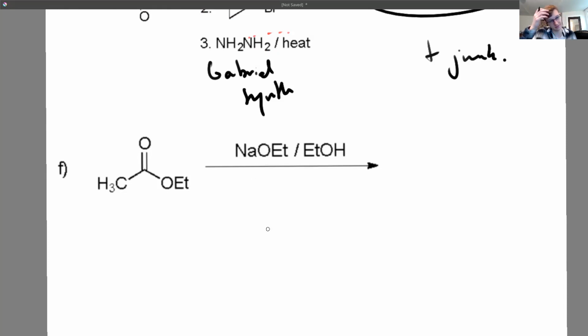Oh, okay. Then no. So hydrolysis won't work. And you can't do any transesterification because we'll have an ethoxide, right? And we just replace an ethoxide with an ethoxide. No point, right? Nothing happened. So we've got to do some other stuff.